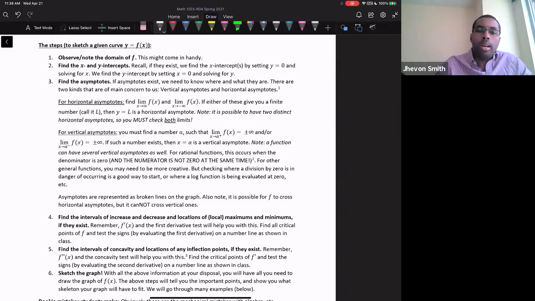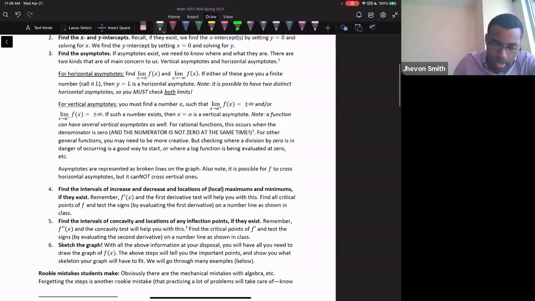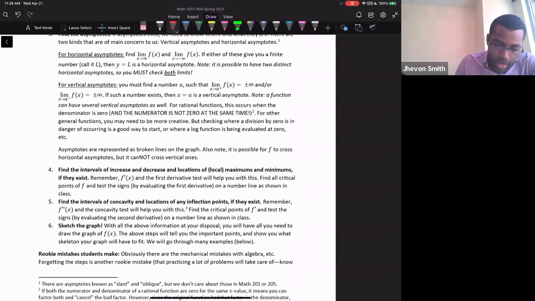We are then going to find the intervals of increase and decrease, as well as local maximums and minimums. For that we can use the first derivative test.